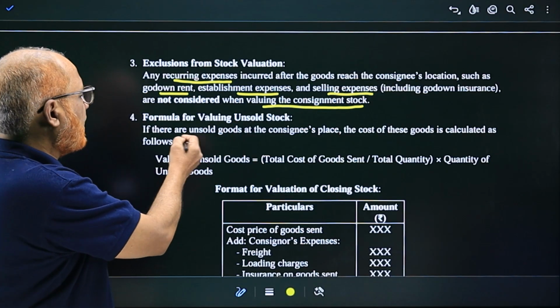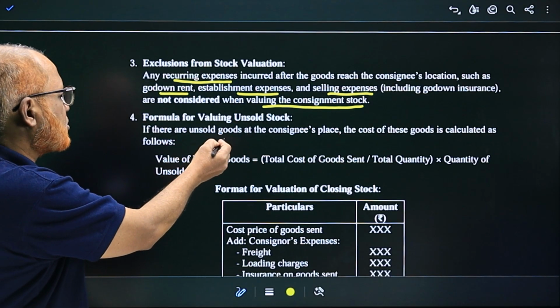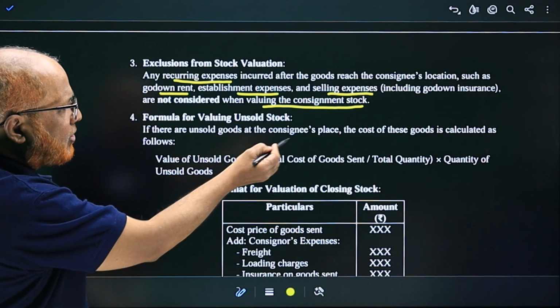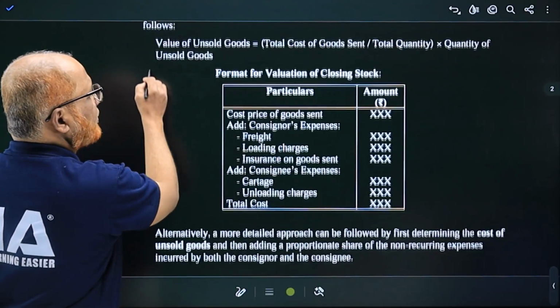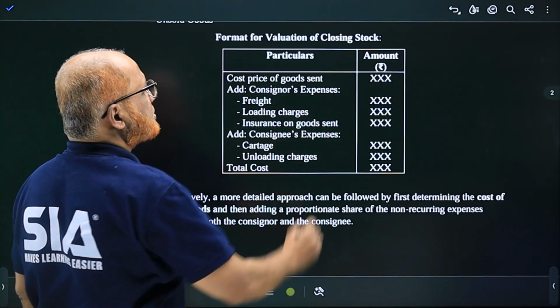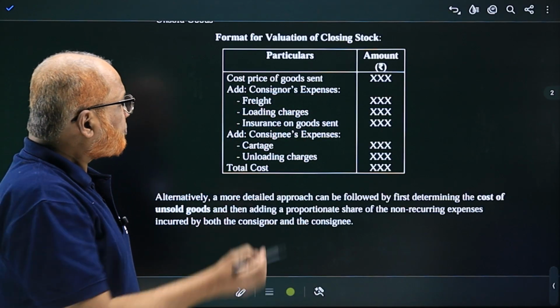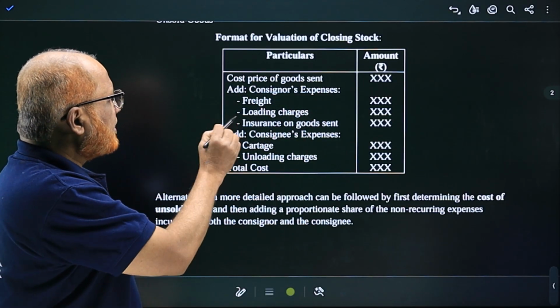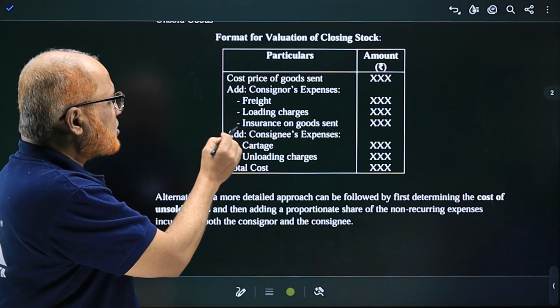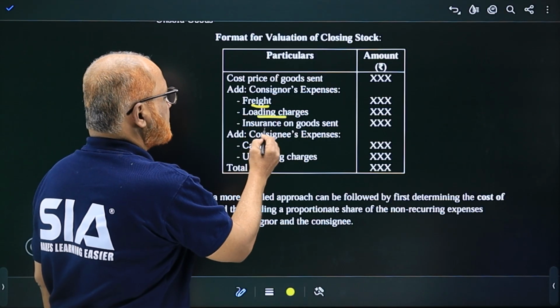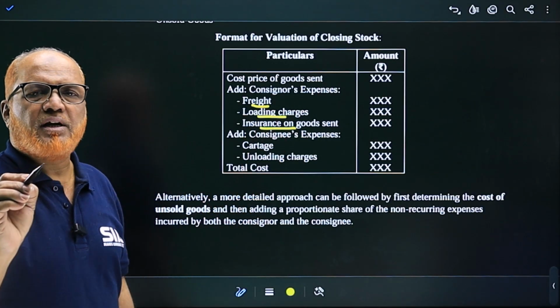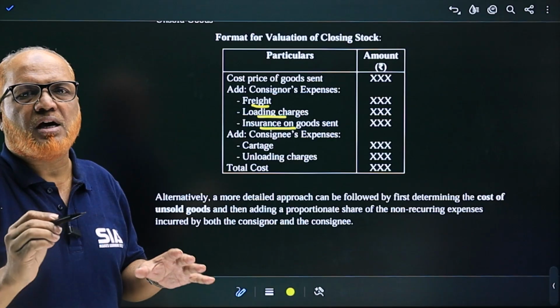Formula for valuing unsold stock: if there is unsold stock at the consignee's place, the cost of those goods is calculated as follows. Now see carefully how to calculate the cost price of goods sent. Add consignor's expenses: freight, loading charges, insurance, etc. These are the expenditure incurred by the consignor.